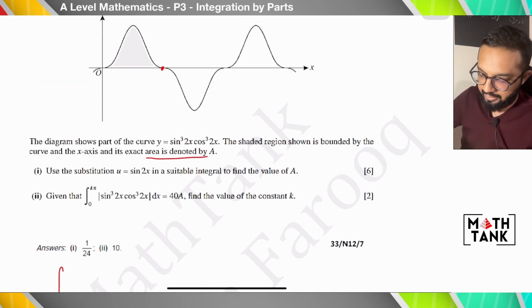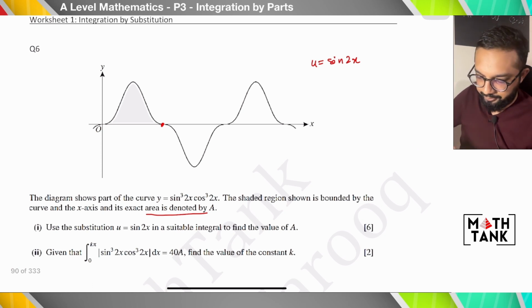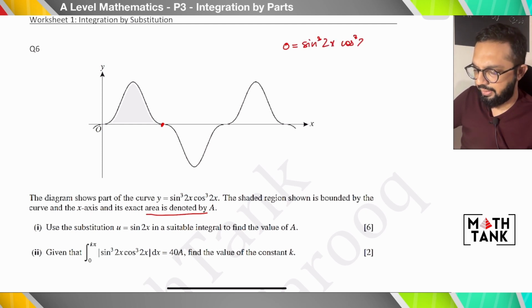I need the first x-intercept as well. So I'm going to say that sine cubed 2x cos cubed 2x equals 0. So either this equals 0 or that equals 0. Now when is sine 2x equals 0? It's in the first quadrant and the second quadrant, let's just take the first quadrant because I want the first value.